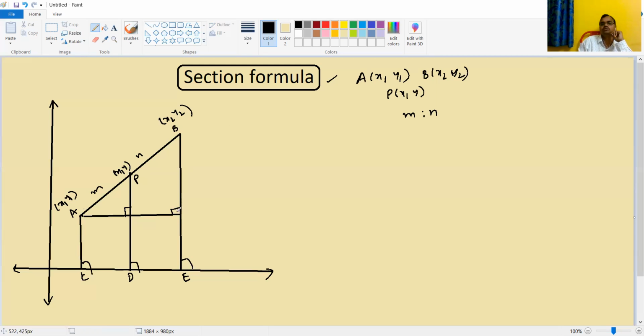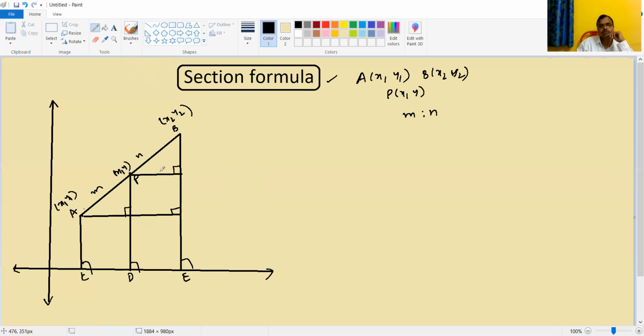Again from P also draw one more perpendicular. Okay, now I will use the similarity of triangles and I will find the coordinates of P. Okay, so how to calculate?